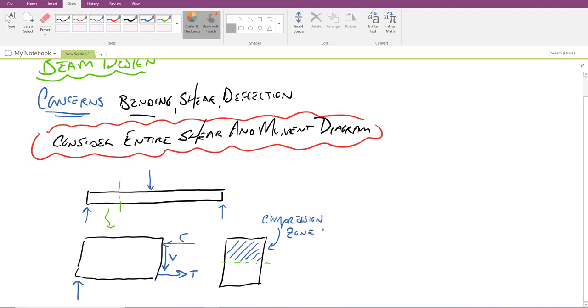Now here's the deal. With reinforced concrete, concrete is great in compression, and so the concrete itself can handle that load along the top.